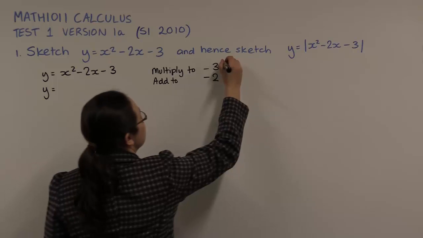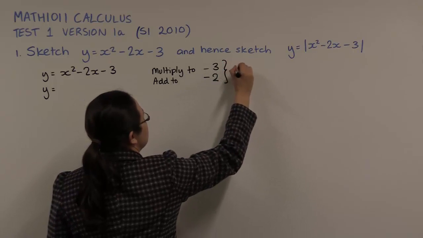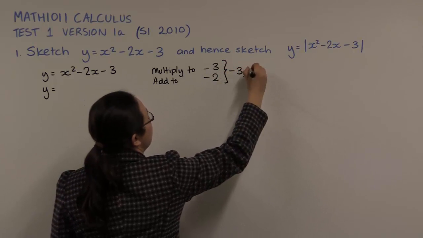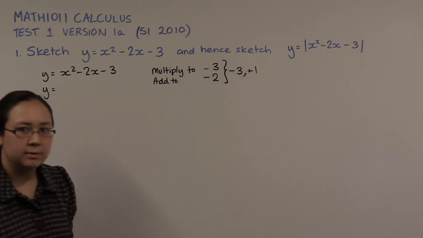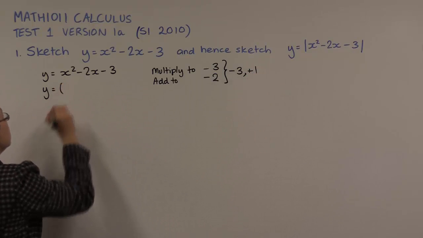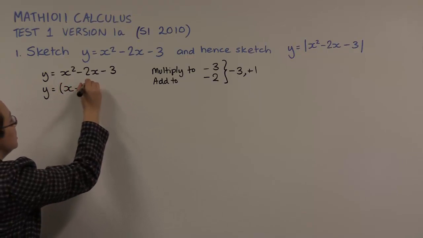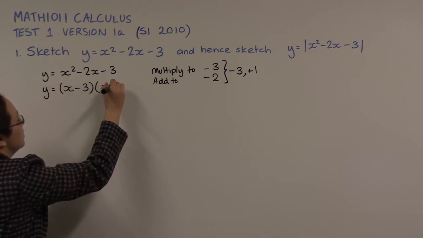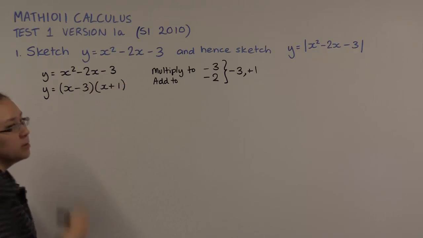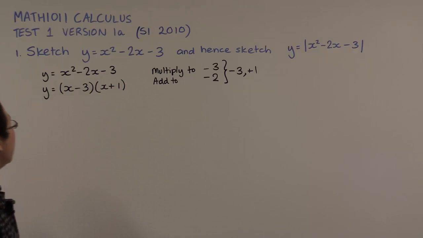So two numbers that multiply to minus 3 and add to minus 2 are minus 3 and plus 1. That tells us that this quadratic, x squared minus 2x minus 3, factorizes to x minus 3, x plus 1. You can check that works by expanding that out.